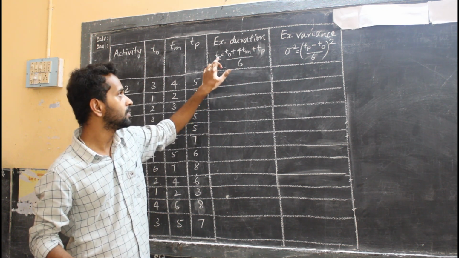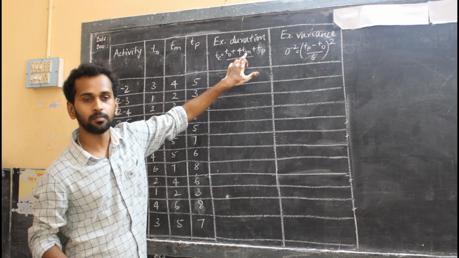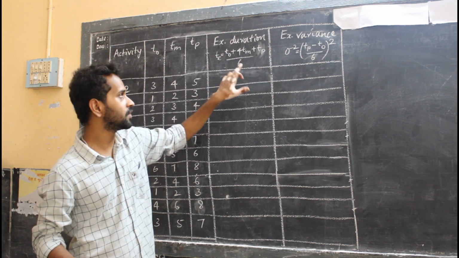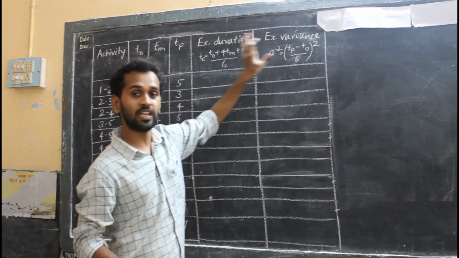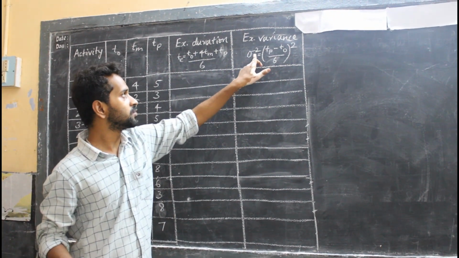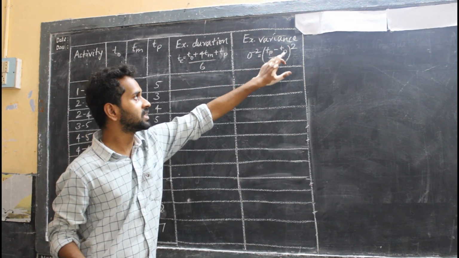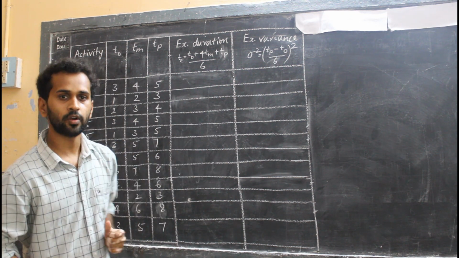I repeat again, Te equals T0 plus 4Tm plus Tp divided by 6. Expected variance for each activity, 1 to 2 and so on: sigma square equals Tp minus T0, divided by 6, whole square.